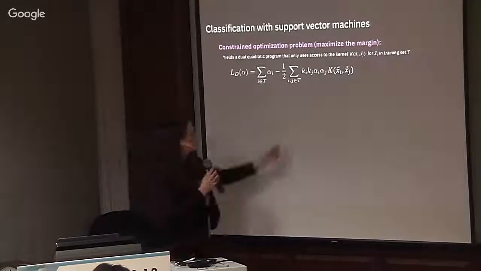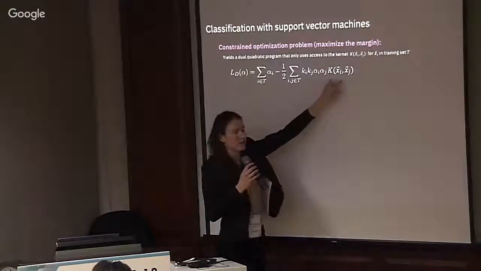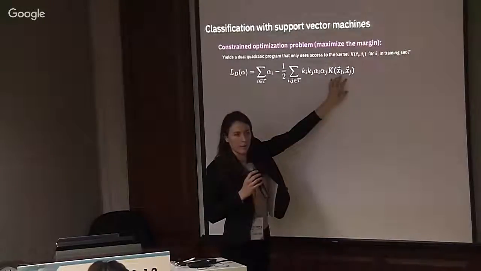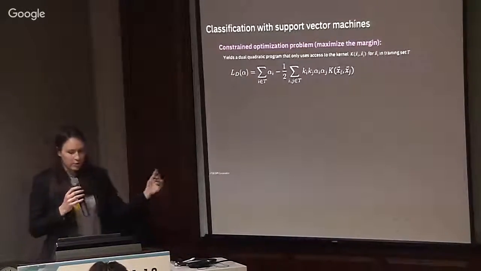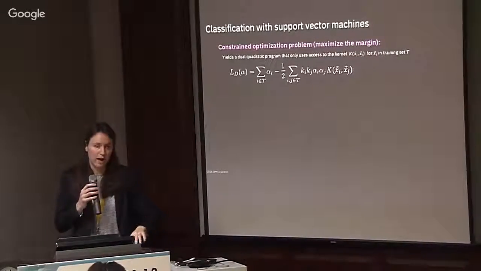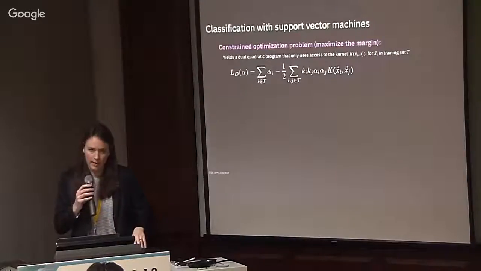And then the K's here are just the labels of your data set. And then something appears here which is called the kernel matrix. And the kernel matrix is just a matrix where all of the entries are just dot products of your data, but in the feature mapped space.